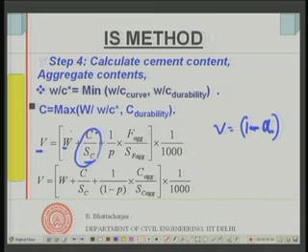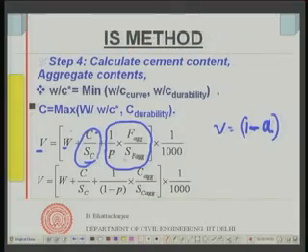So, this is the total volume occupied by all aggregates, and P is the percentage volume occupied by sand in the overall volume of the total aggregate, as we have found out, giving the volume occupied by fine aggregate.